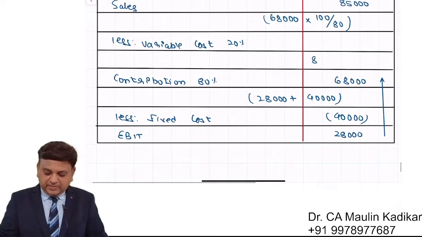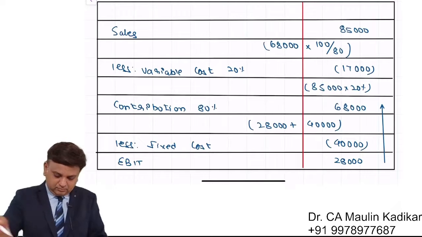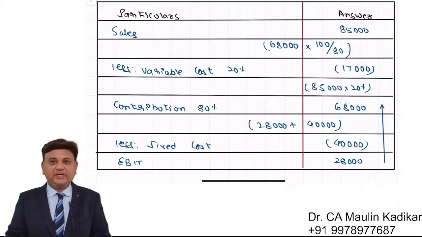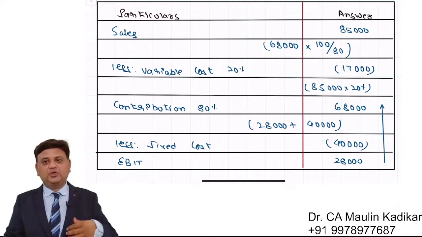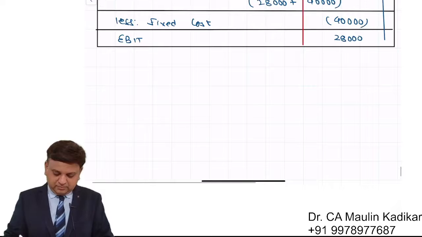So 20% of 85,000 is 17,000. So we understand that the current sales of 1 lakh should not fall by more than 15,000. It should not fall below 85,000.